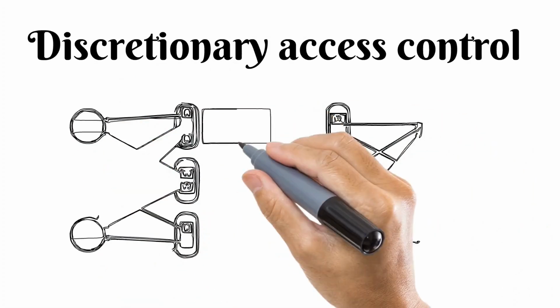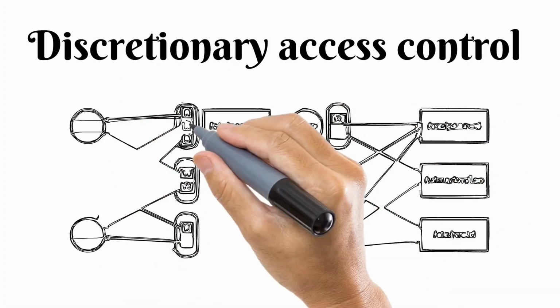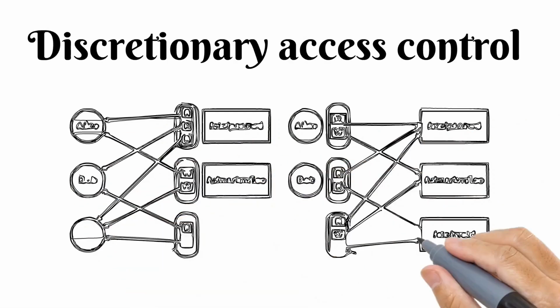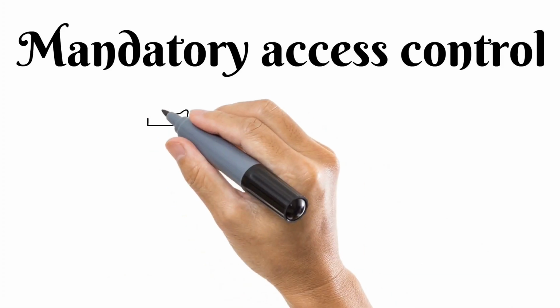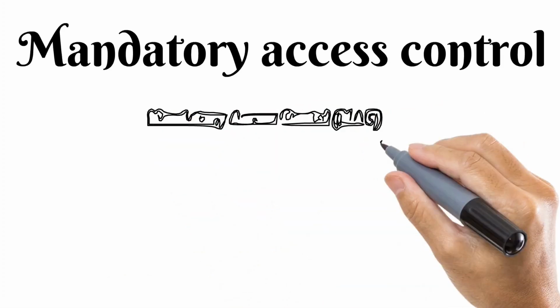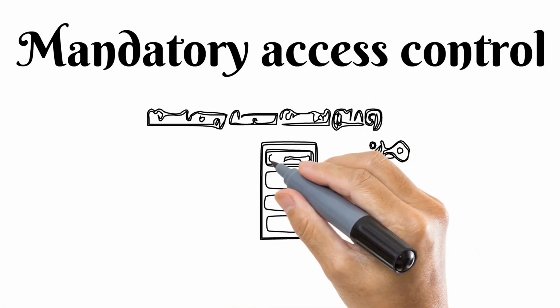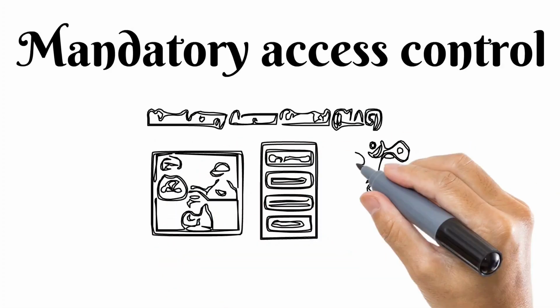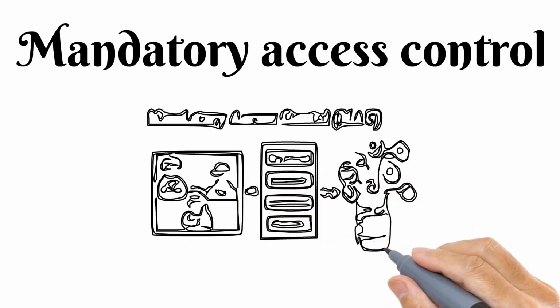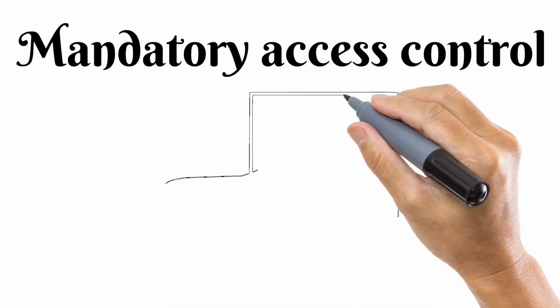Mandatory access control. Mandatory access control refers to allowing access to a resource if and only if rules exist that allow a given user to access the resource. It is difficult to manage, but its use is usually justified when used to protect highly sensitive information.